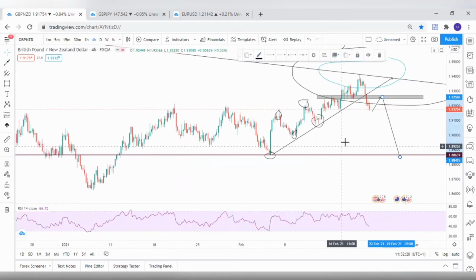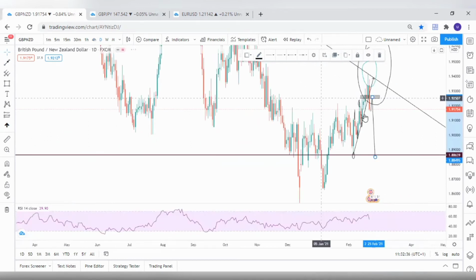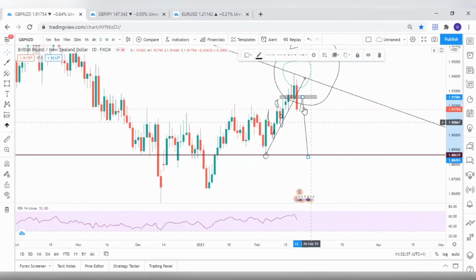All right, that is it for gbpnzd. We are waiting for a retest of some sort and a push to the downside. And mind you, on the daily time frame for gbpnzd, it has given us a bearish engulfing candle on a resistance, which means that price is about to push to the downside.